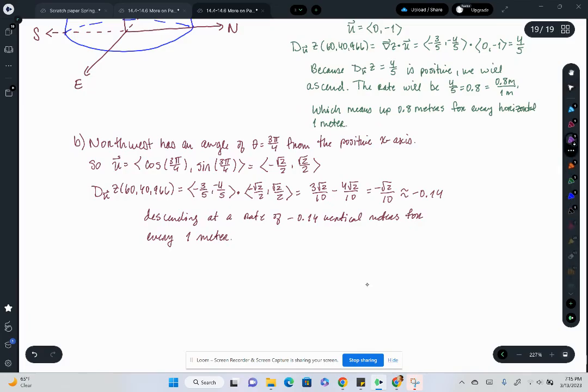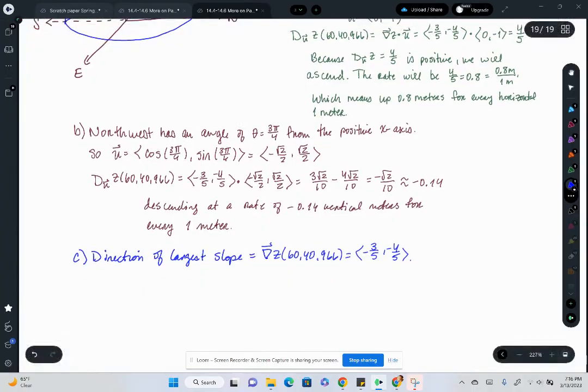Last part, part C. We want the direction of largest slope. And we know that this is equal to the gradient vector, the gradient of z at the point (60, 40, 966). And we already calculated that, and we found it to be negative 3/5 with negative 4/5. That's our direction of steepest ascent.